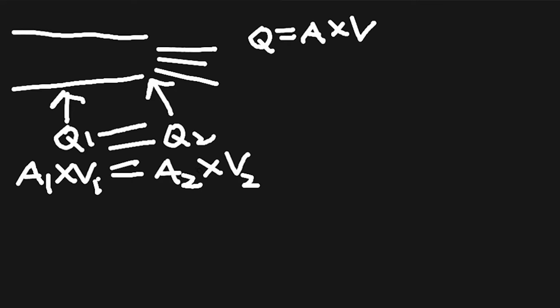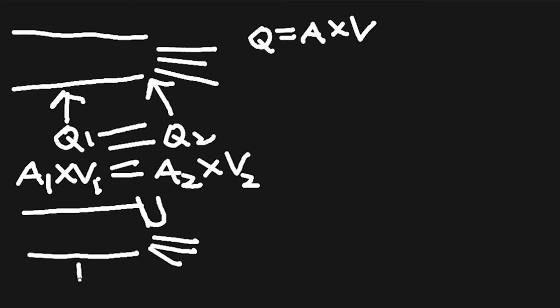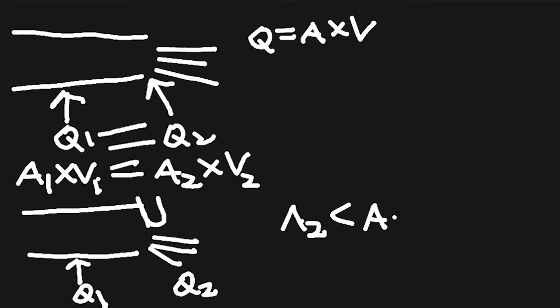Let's think. If we compare the area inside the tube and the area at the tube's opening, which is half covered or closed, which one is bigger? Of course, the area inside the tube will be bigger than the area at the tube's opening. So in the video, the area at the tube's opening is smaller than the area inside the tube. This means that the area at position 2 is smaller than the area at position 1.